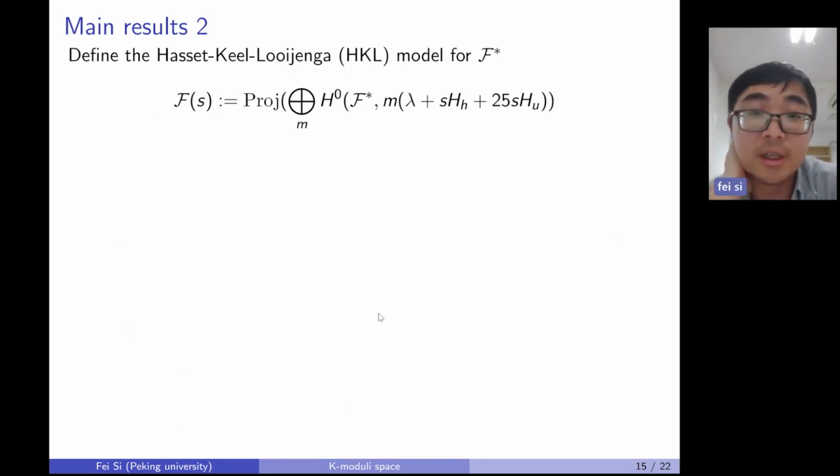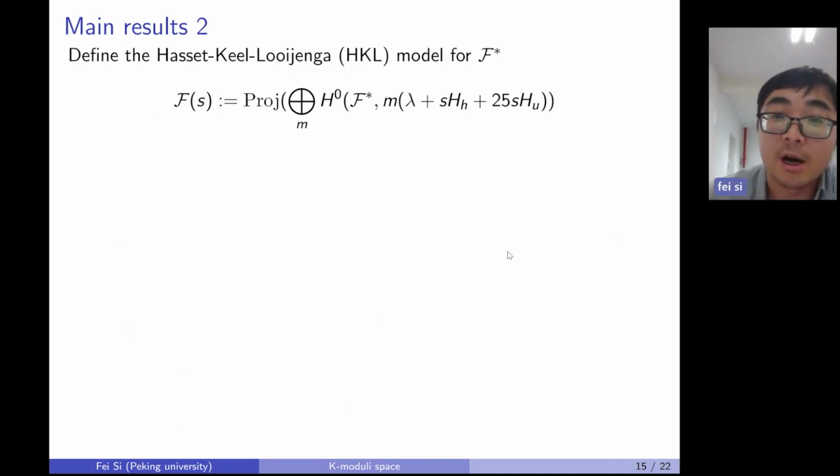Next, let's introduce the so-called Hassett-Keel-Looijenga program for our locally symmetric space. We define this scheme a priori as the Proj of the section rings of this Q-line bundle.